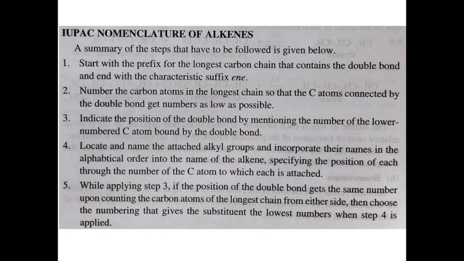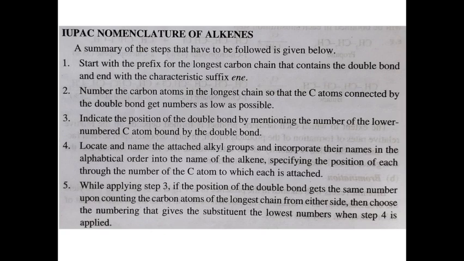This is exactly what we had seen in alkanes, but the only difference is that wherever the carbon-carbon double bond comes, it should get the least numbering, and the substituents have to be in alphabetic order if different.